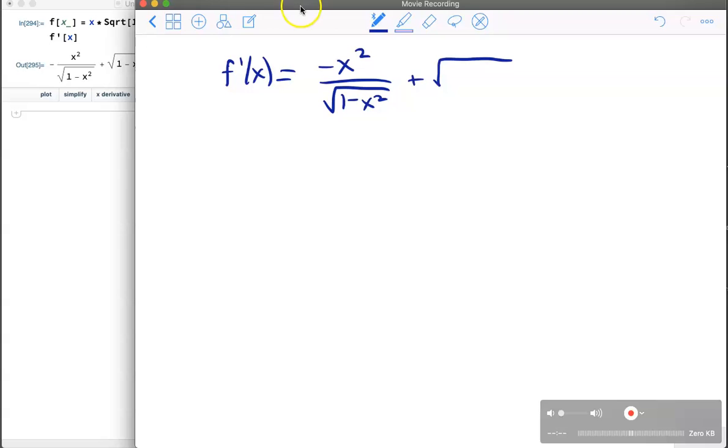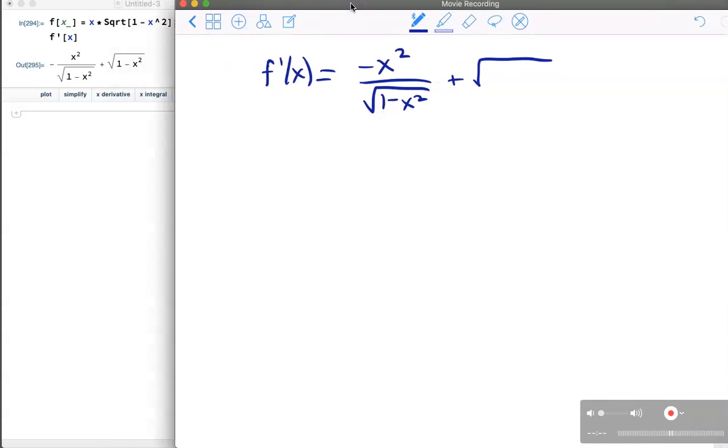Okay, so we're going to have f prime of x is equal to negative x squared over the square root of 1 minus x squared, plus the square root of 1 minus x squared. And we'd like to figure out when that is equal to 0 or when that does not exist.